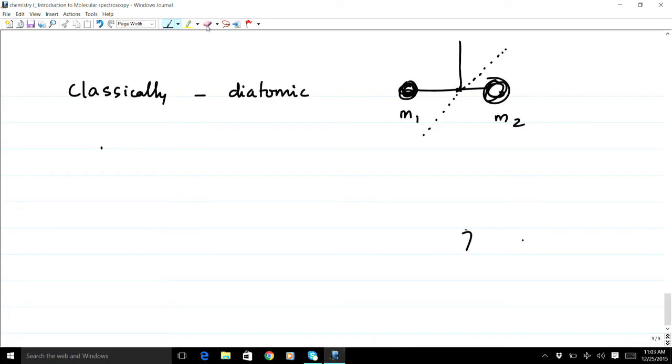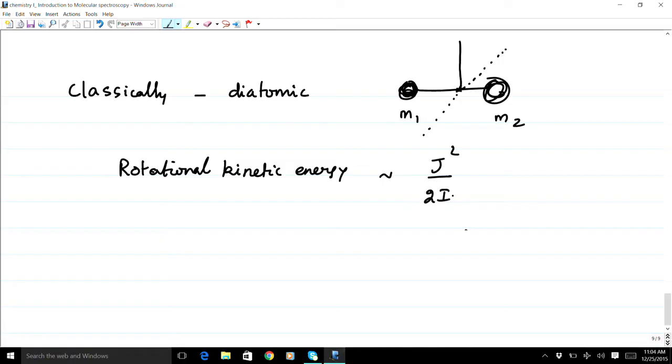So if we do that, the molecular rotational kinetic energy is given by a simple expression. It is given by j square by 2I, where j is the angular momentum of the molecule which causes the rotation, and I is the moment of inertia of the molecule.